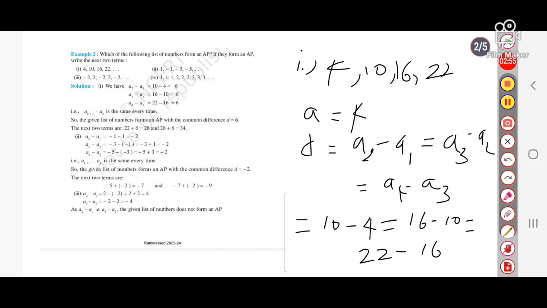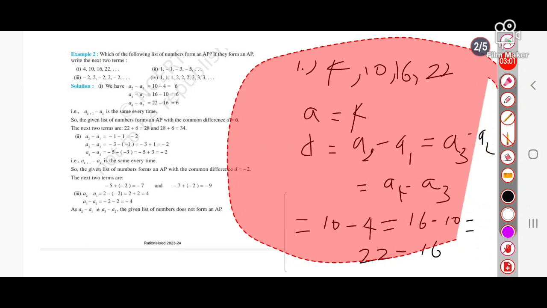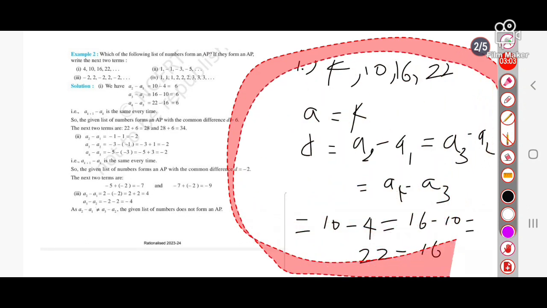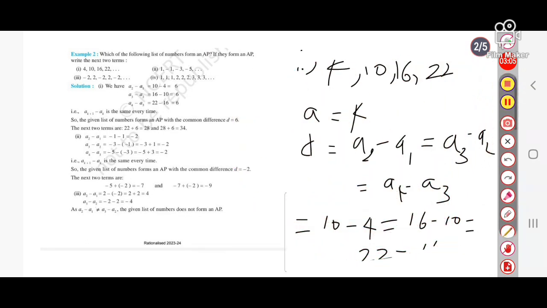So the first case they asked in the question is found out: 4, 10, 16, 22 is an AP. Then, if they form an AP, they have asked for the next two terms. After 4, 10, 16, 22, what will be the next two numbers?